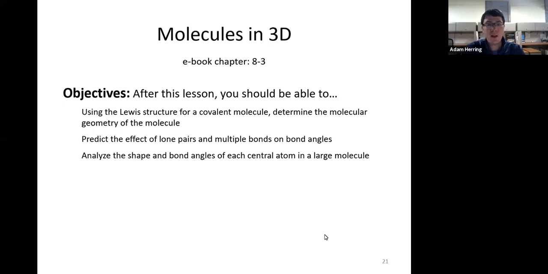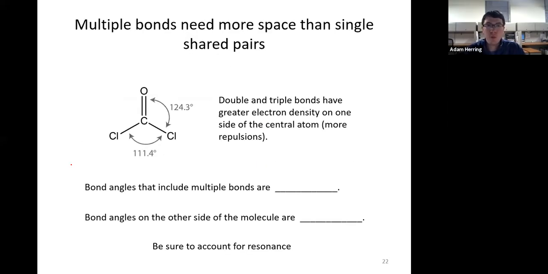Welcome back, everyone. In this video, we're going to finish looking at determining molecular geometries, and then we're also going to look at the effect of multiple bonds on bond angles and evaluate cases where you have more than one central atom. So, having a multiple bond is going to take up more space than a single bond. That's because we simply have more electrons centered around one area, and so that's going to increase the electron-electron repulsions.